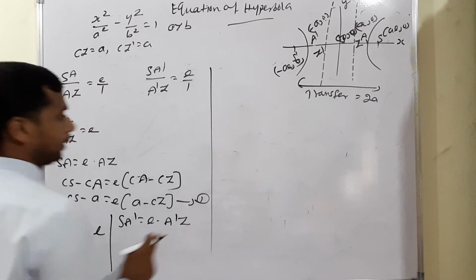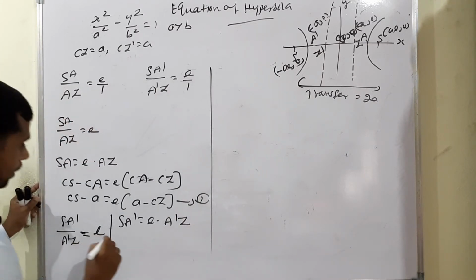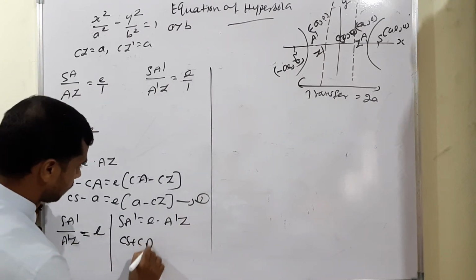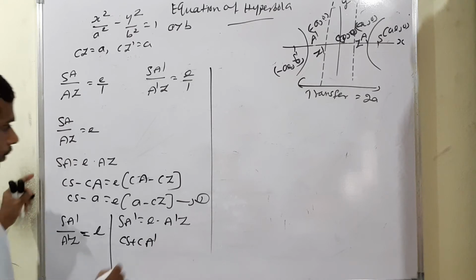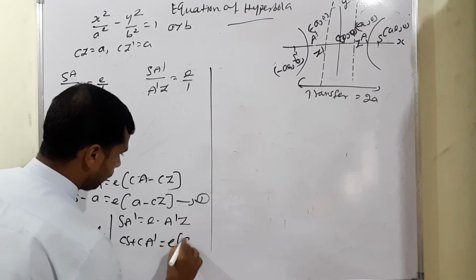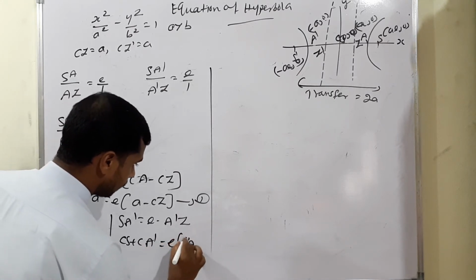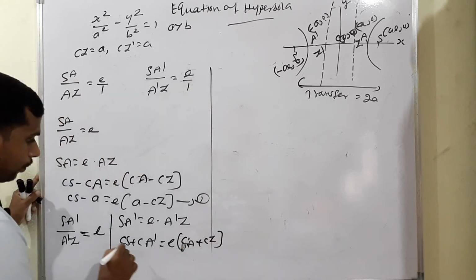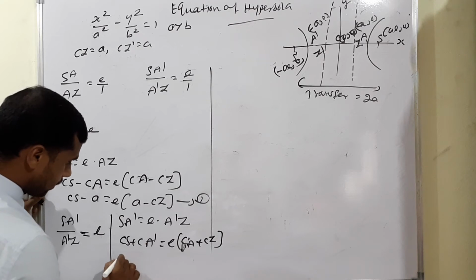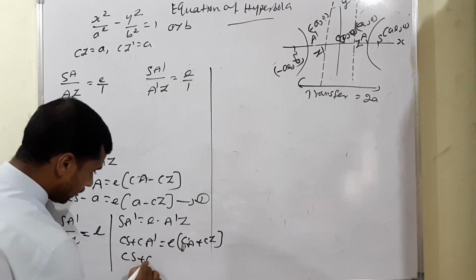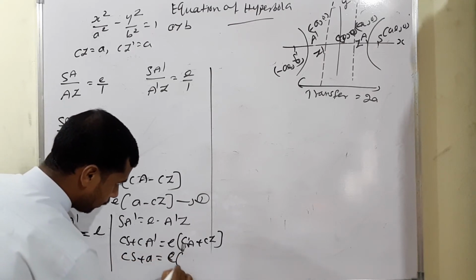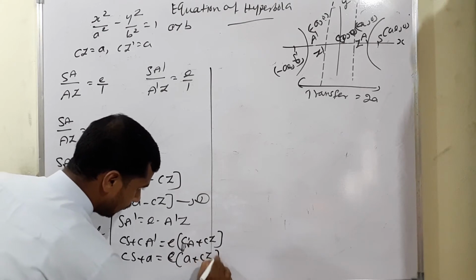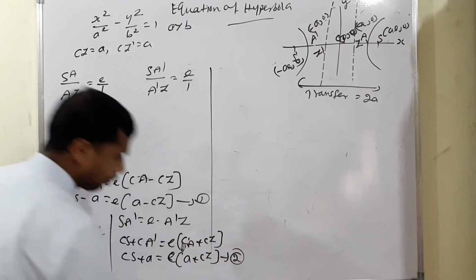SA dash is CS plus CA dash, which equals E into CA plus CZ. Since CA dash is A, CS plus A is equal to E into A plus CZ. This is equation number 2.